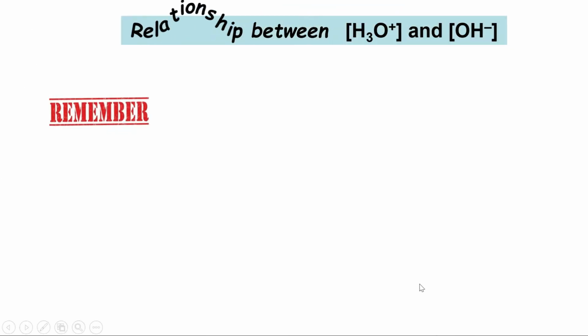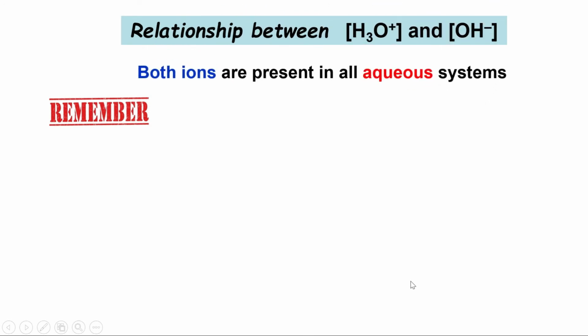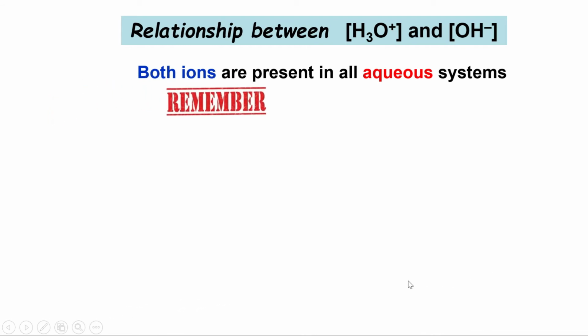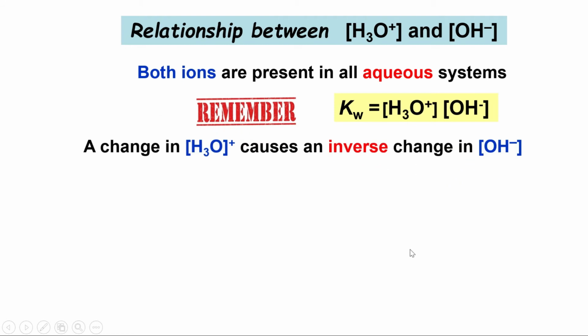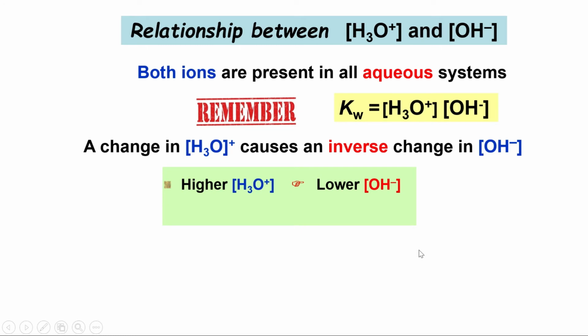Next, relationship between H3O plus and OH minus. Both ions are present in all aqueous solutions. Remember, by using the Kw expression, a change in concentration of hydronium ion causes an inverse change in the concentration of hydroxide ions. The higher the concentration of hydronium ion, the lower the concentration of OH minus ion, and vice versa.